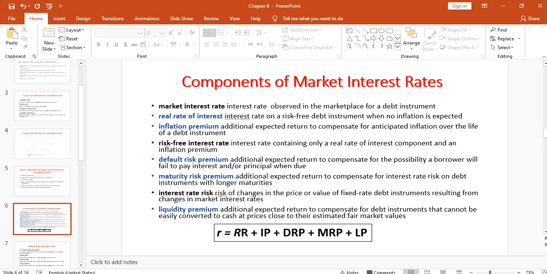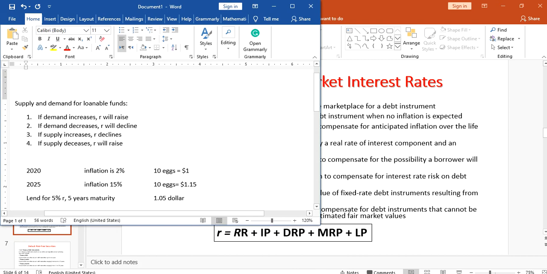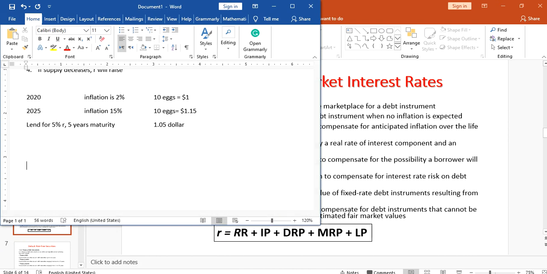So here we have the interest rate. Let me solve a problem regarding this one. Assume that the real risk-free rate is 2%. IP, the inflation premium, equals 1.5%.